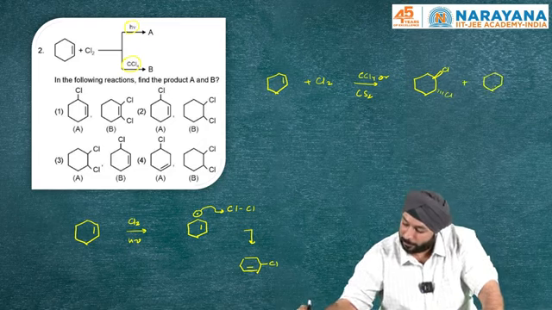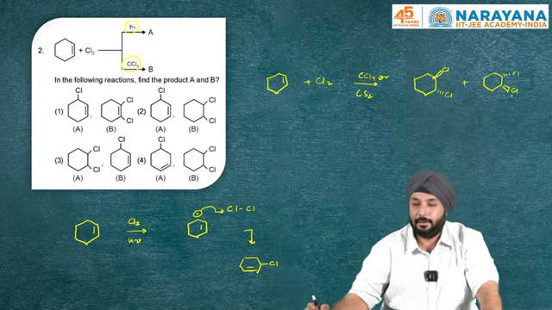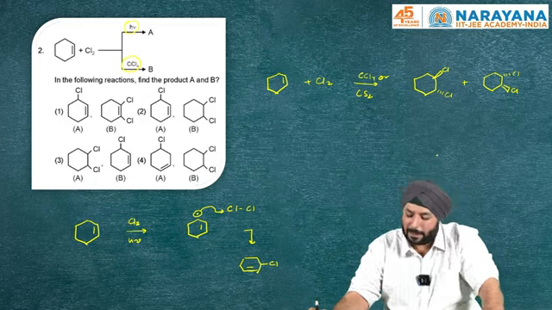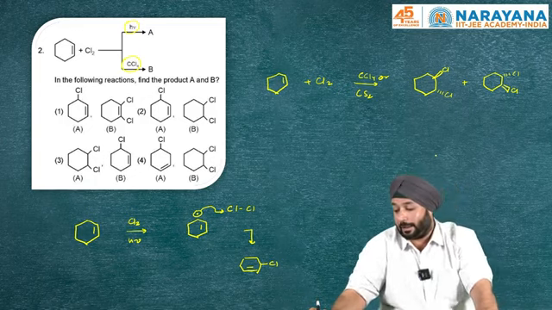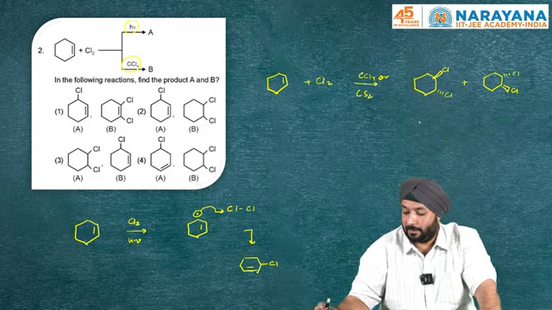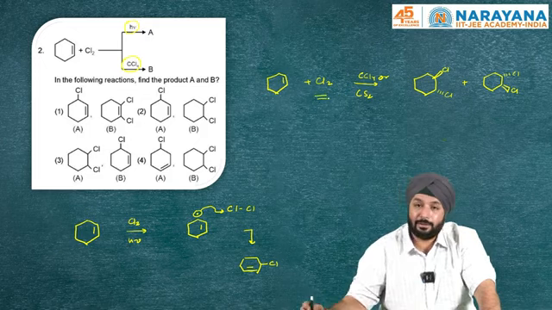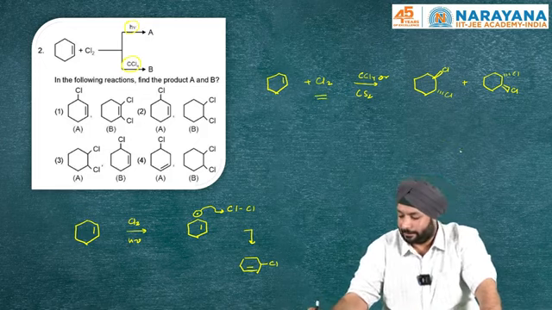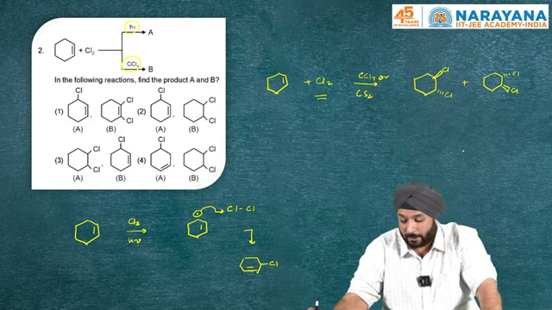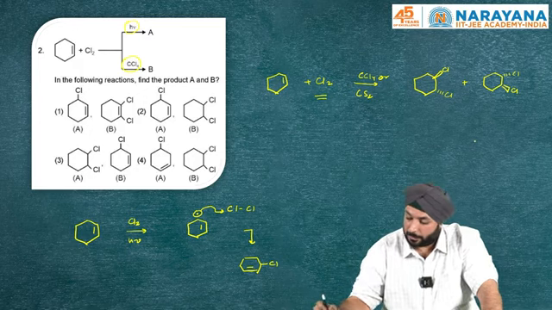So in the presence of organic solvent, normal addition of chlorine takes place and it is anti-addition. So the correct option should be option number 2.